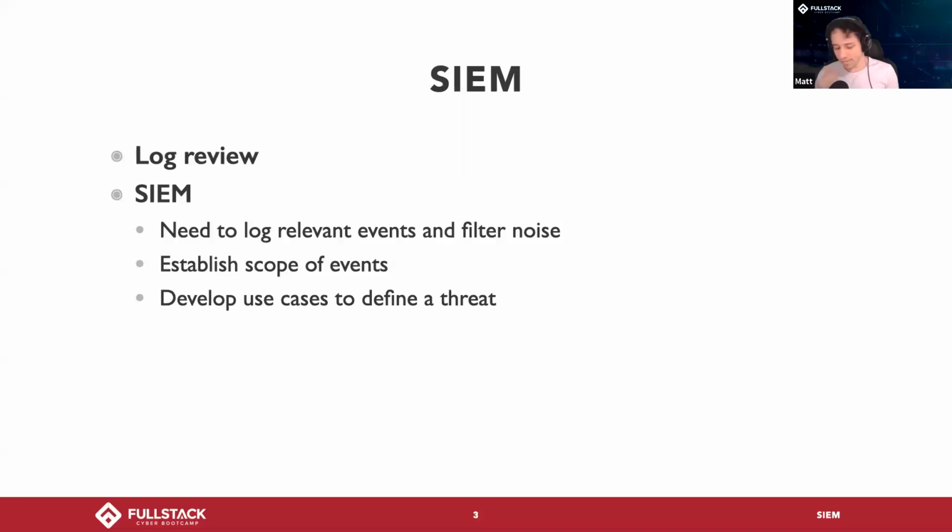So we're going to develop use cases and define our threats. This is like what we did a week ago. We're trying to define what our threats are and what the behaviors of our threats are, trying to imagine what they might be doing, so that we know what to look for inside of our logs, and perhaps even automate looking for those things. We do all this so we can plan incident response.